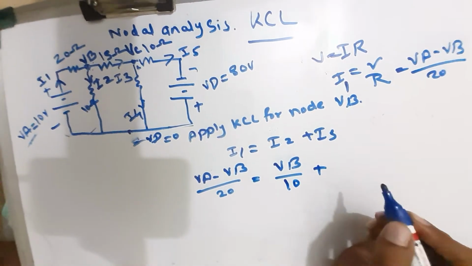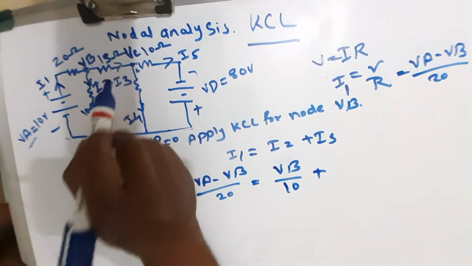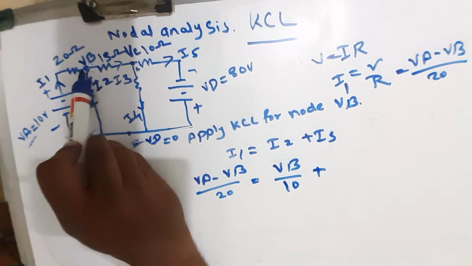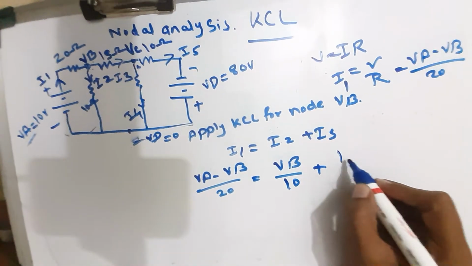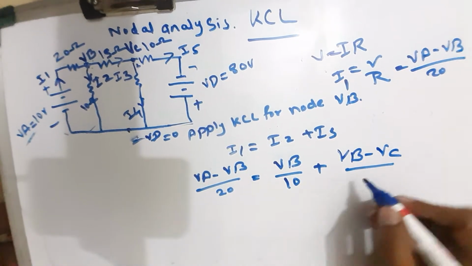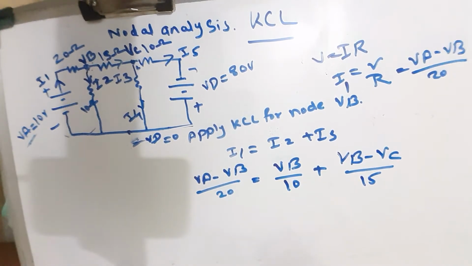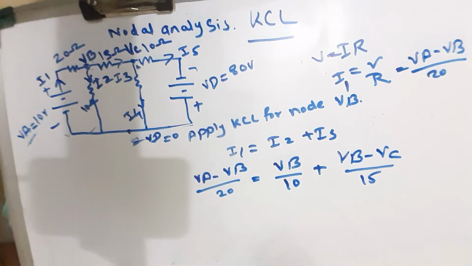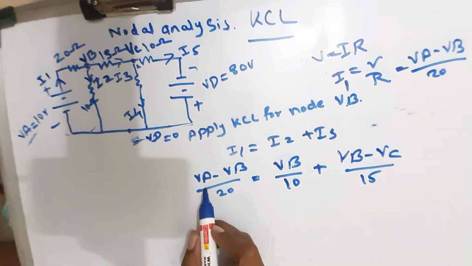Plus, now just check I3. This is I3. I3 starts from VB and ends at VC. So VB minus VC divided by 15. Now we have to put the value of VA.